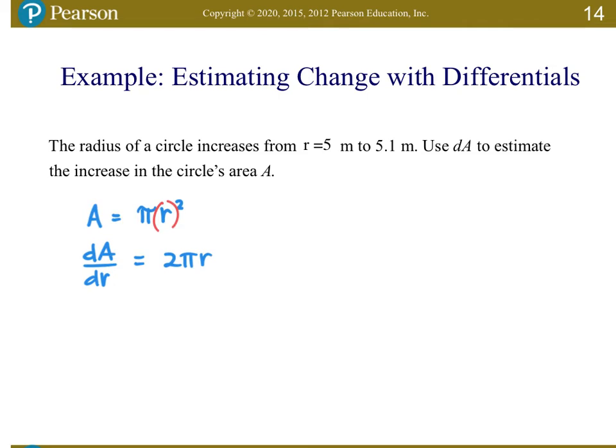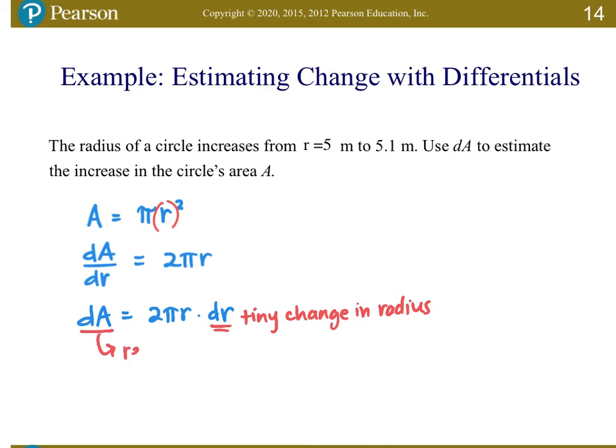And then we cross multiply, and we have the expression dA equals 2 pi r times dr. Now dr represents a tiny change in the radius. And then dA would represent the resulting change in the area.